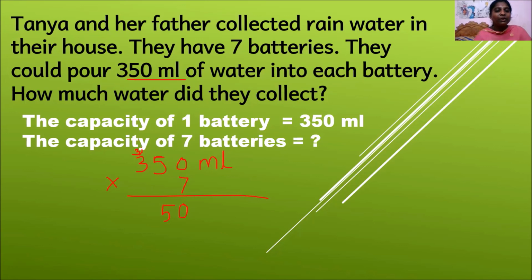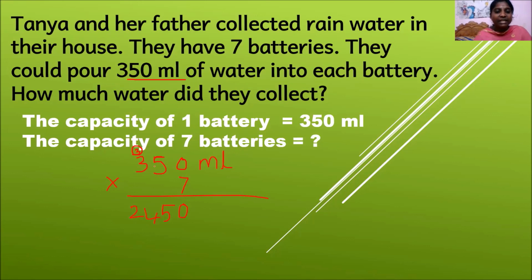Next, you have to multiply the 3 with the 7. 7 3s are 21. After that, you have to add 3. You get 21 plus 3 is 24.